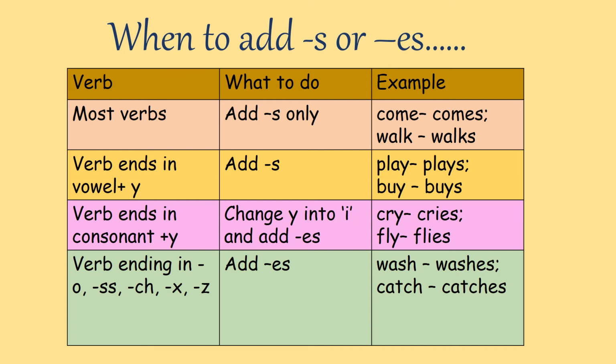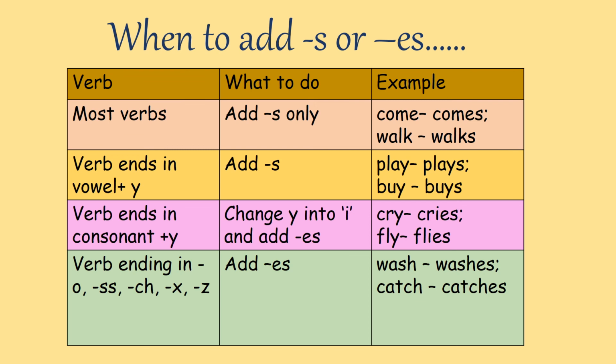R is a consonant and then Y. So for this case, what you will do is you remove the Y at the end and then add IES. What happens is that Y changes to I and then you add ES.